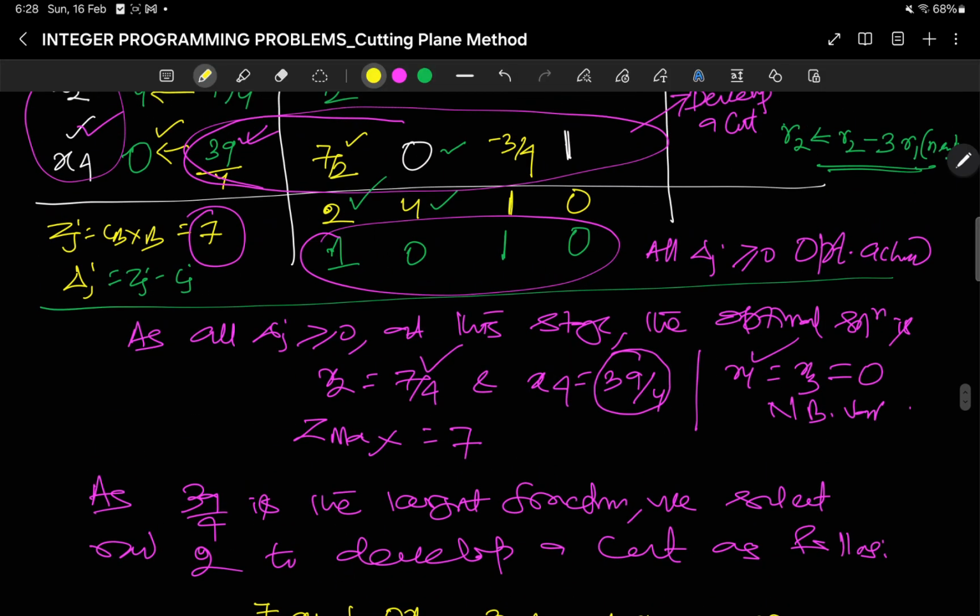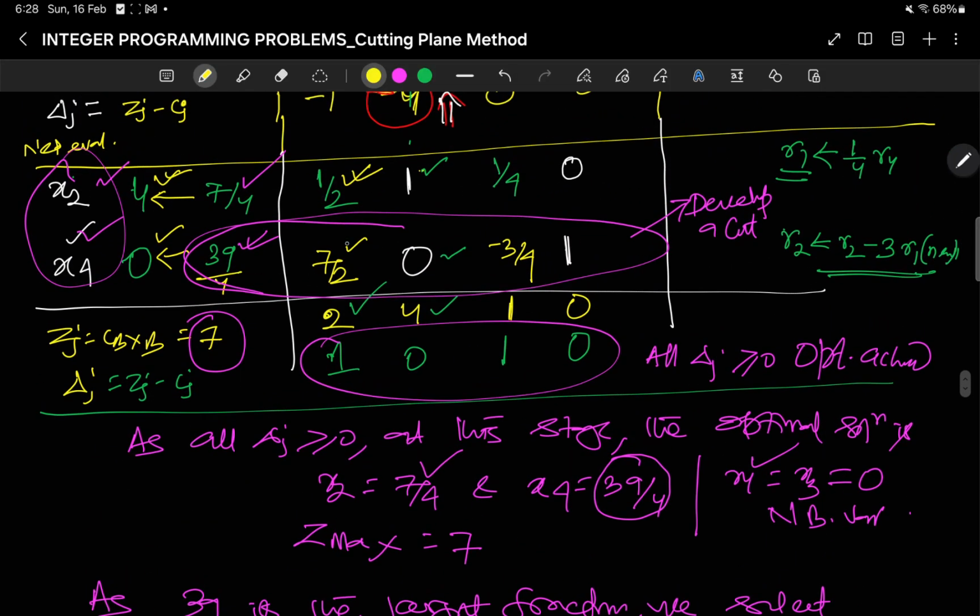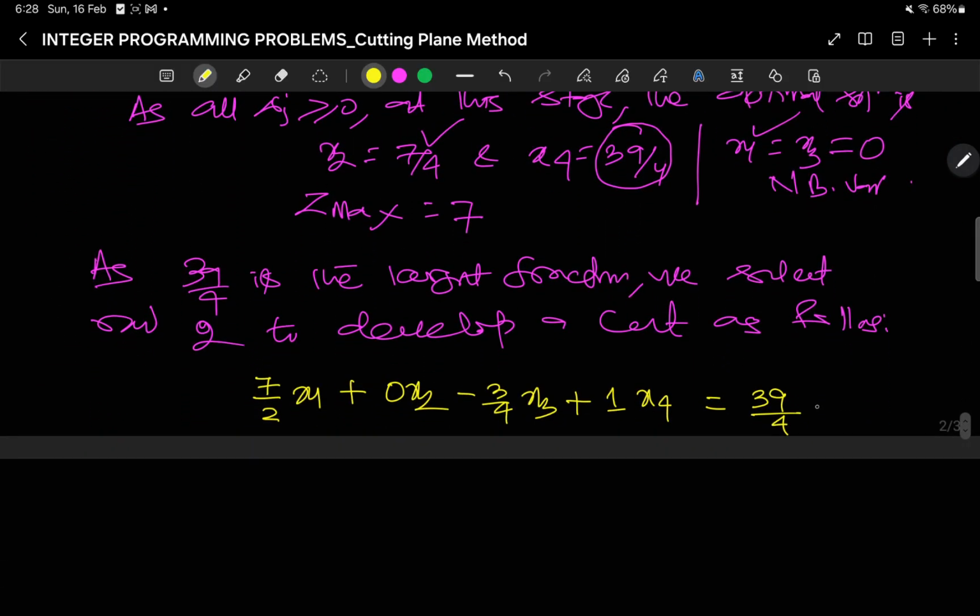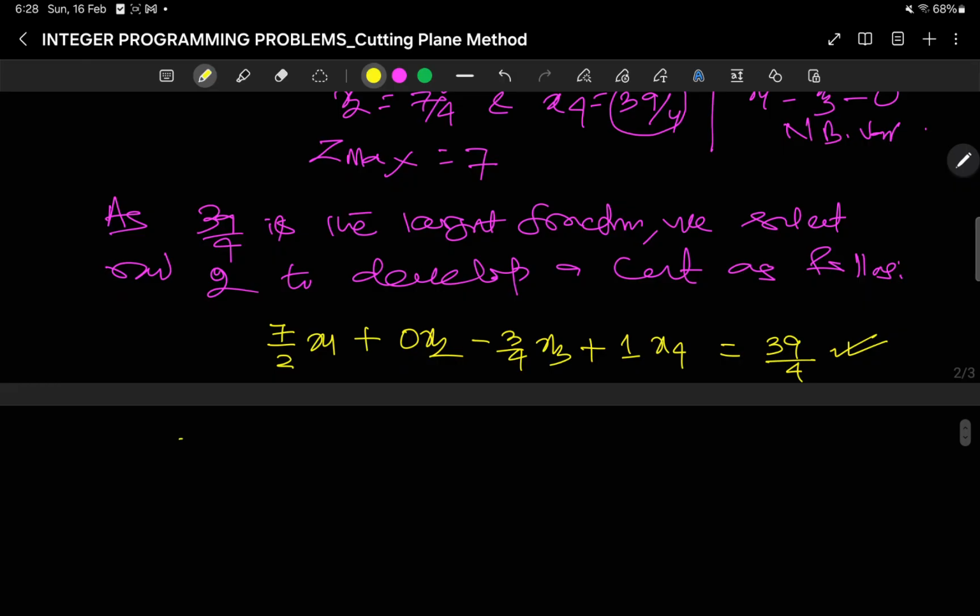Now selecting this row, it is 7 by 2 x1, 0 x2, minus 3 by 4 x3, plus 1 x4 is 39 by 4. So likewise we develop a cut.